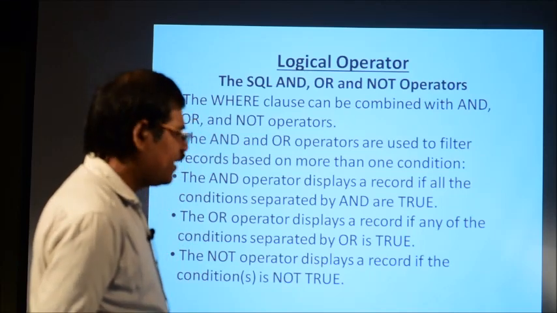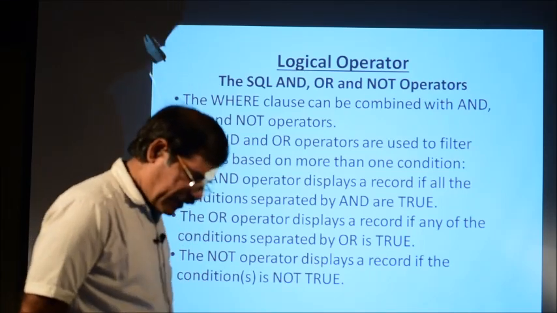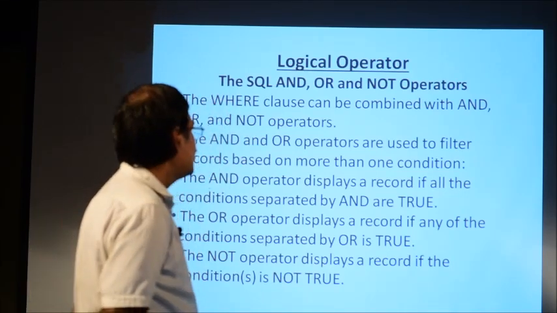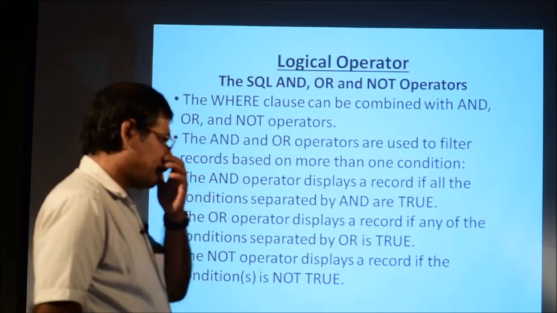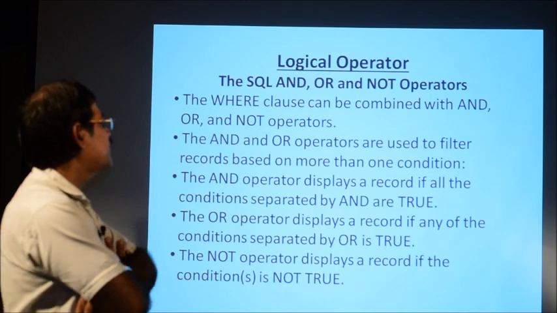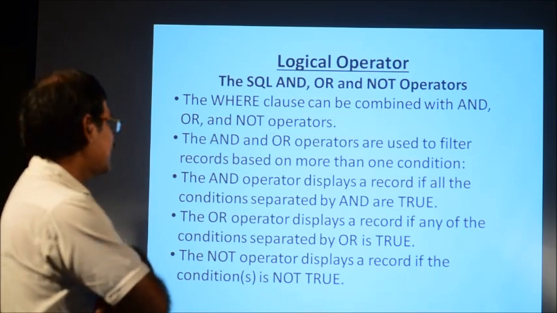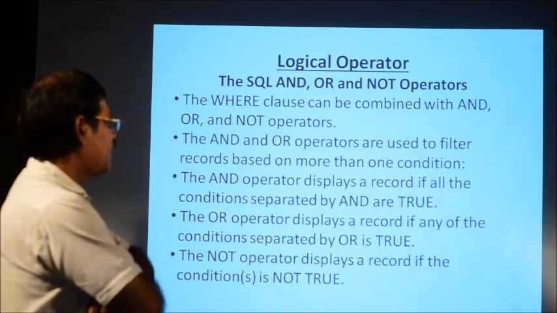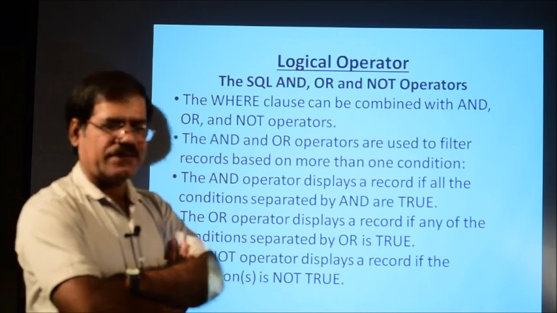Similarly, different types of operators are also used in SQL. So the next operator is the logical operator. In your syllabus, 3 operators are already given: AND operator, OR operator, NOT operator.